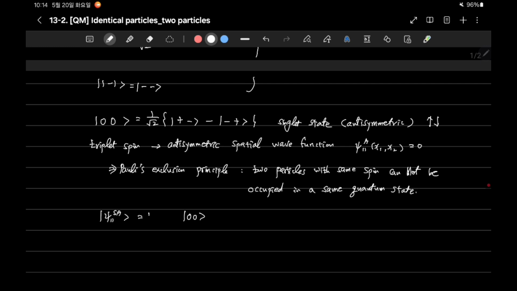And the spatial wave function should be symmetric in x1 and x2, so it is phi 1 x1 and phi 1 x2, with spin 0 0. It means that the spin singlet quantum state is possible in a single ground state; the ground state can occupy the spin up and down.